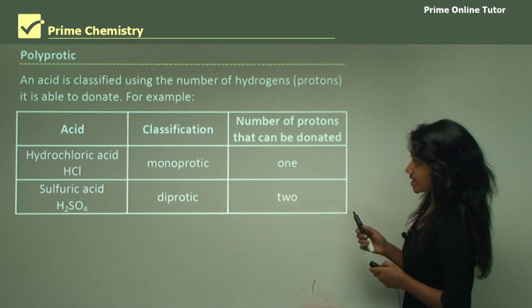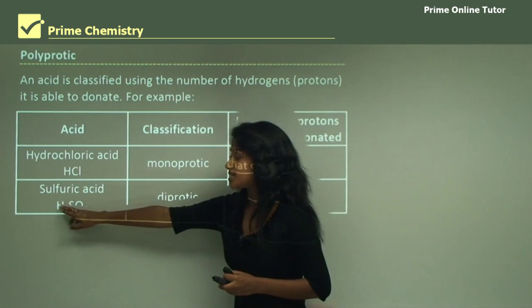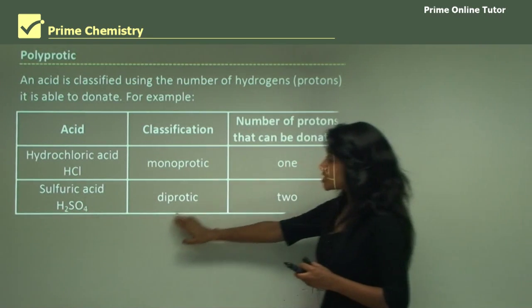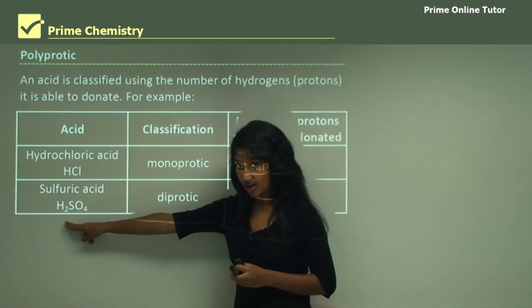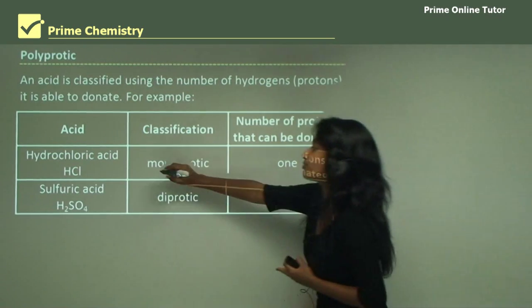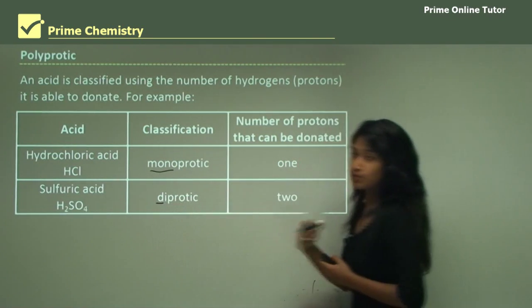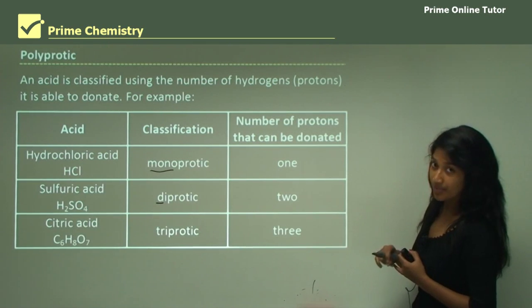Let's take another example. We have sulfuric acid, with the formula H2SO4. It's called a diprotic acid because both of these hydrogens are able to be donated. Mono stands for 1 and di stands for 2. We also have the third group, which is called triprotic.